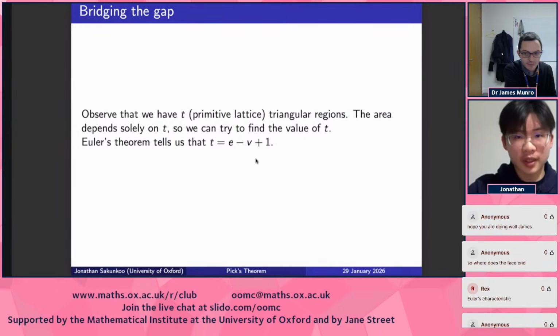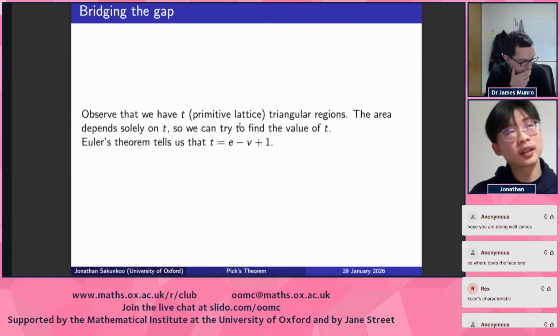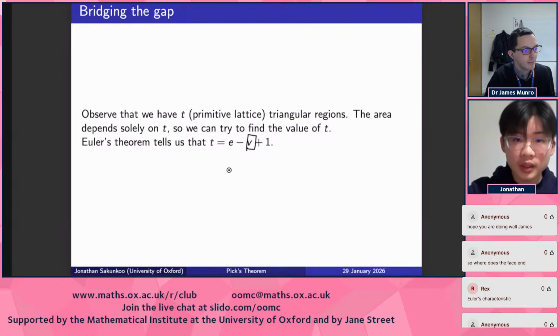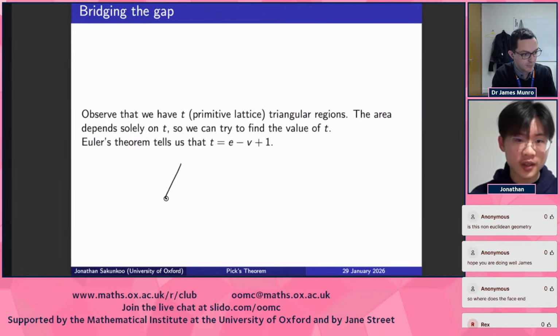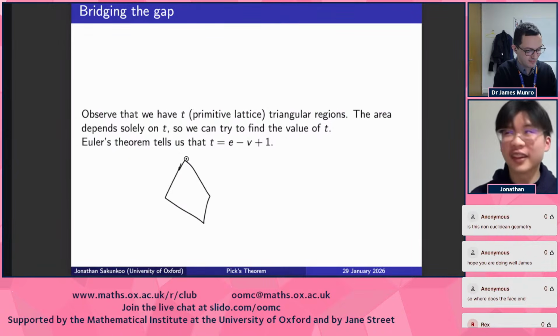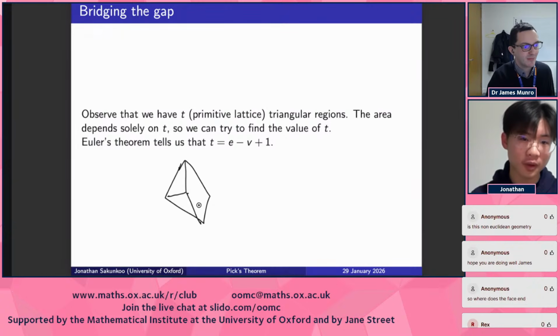Going back to what I told you earlier, if we draw some polygon and then divide it somehow, then the number of vertices is the number of points, including the ones on the inside.